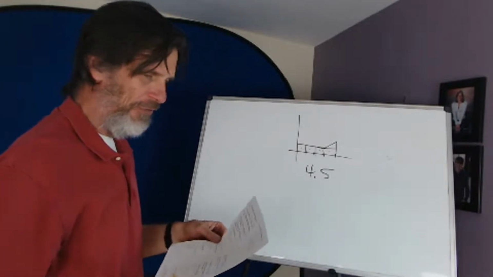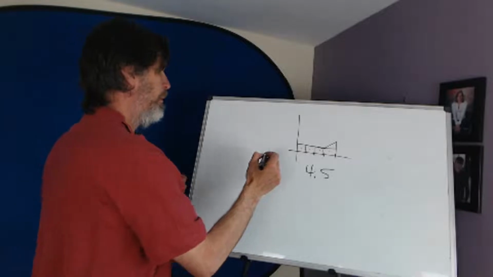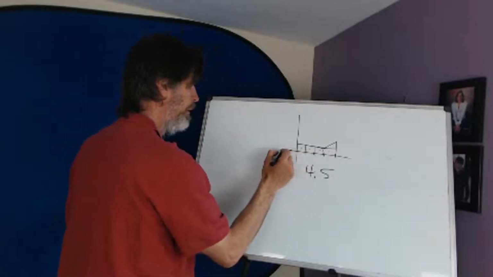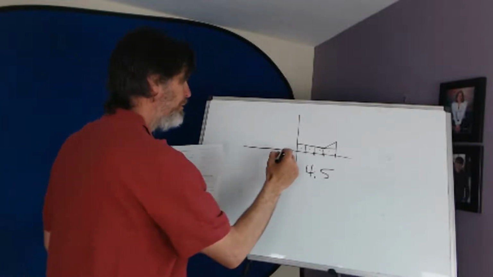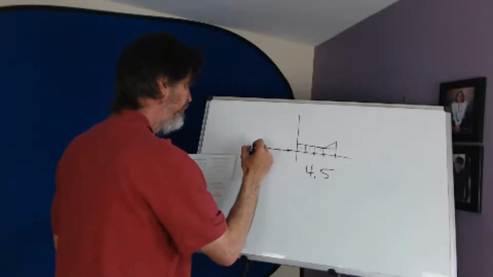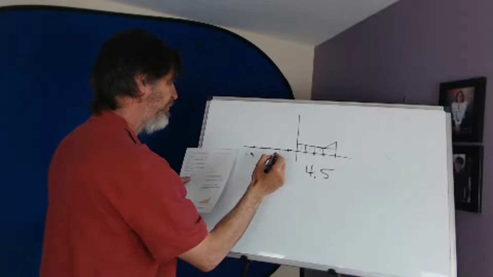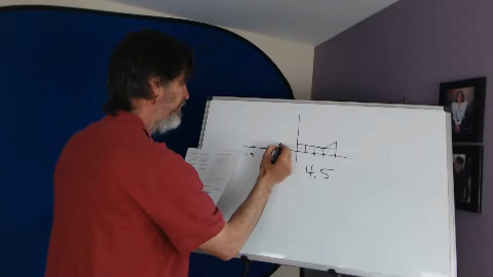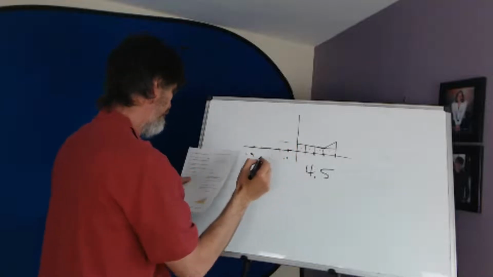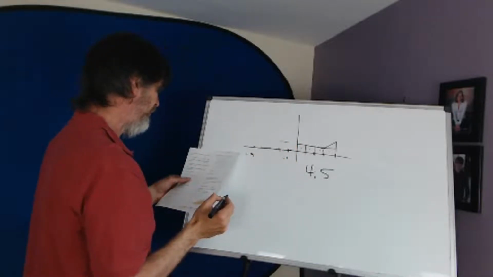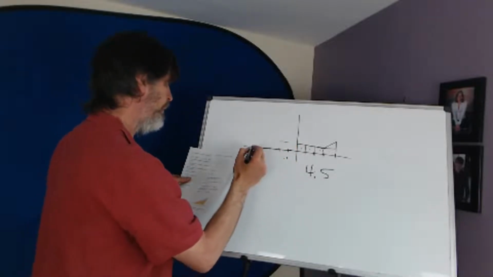How about from -5 to -1? Okay. Guess I can use the same graph, huh? 1, 2, 3, 4, 5. There's -5. The graph is -1. The graph comes straight over here. And then it veers off at a 45-degree angle, huh?